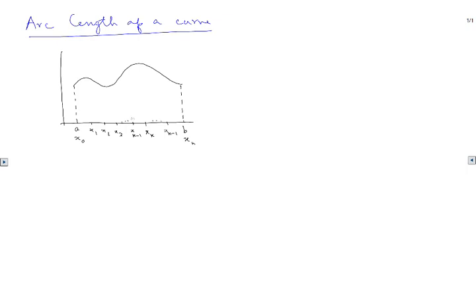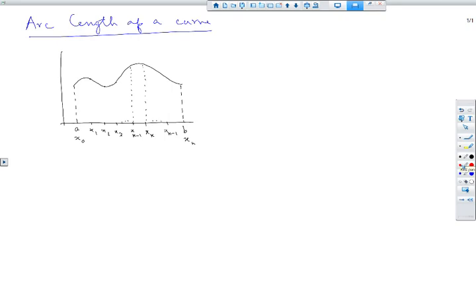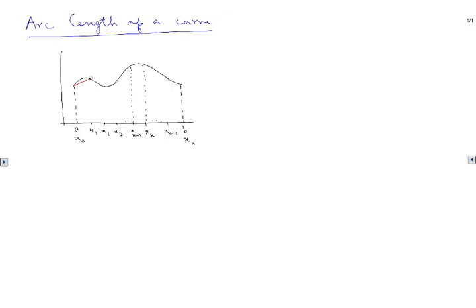So if you look at a general situation, this is the xk minus 1 and xk sub-interval. These are the corresponding points on the curve. Instead of the curve length, we're going to find this length.